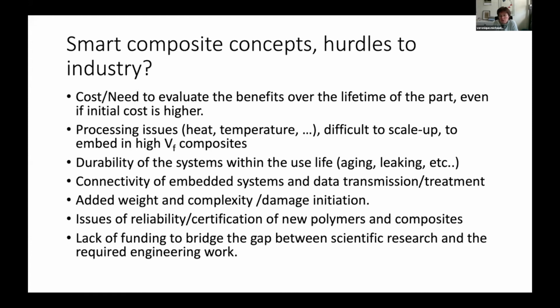What is the durability? What is the fatigue lifetime of your beautiful material? What is the impact resistance and so on? That is often more tedious engineering work than scientific research, so it's difficult to get it funded.